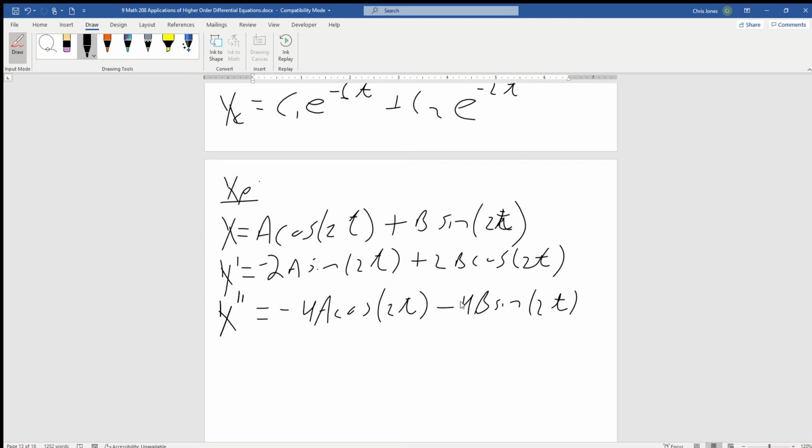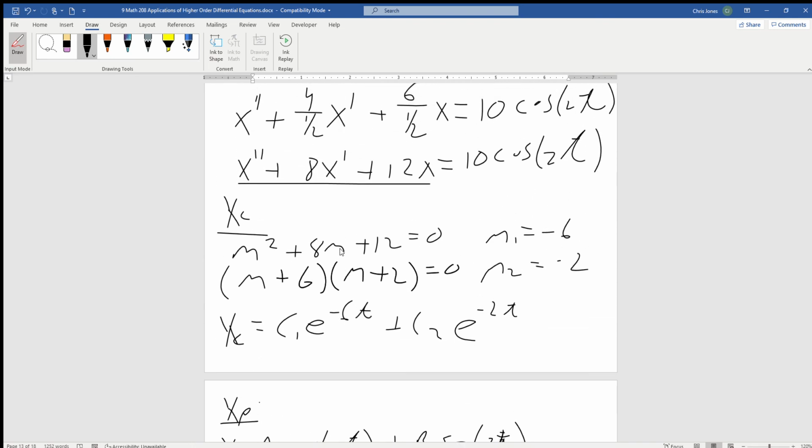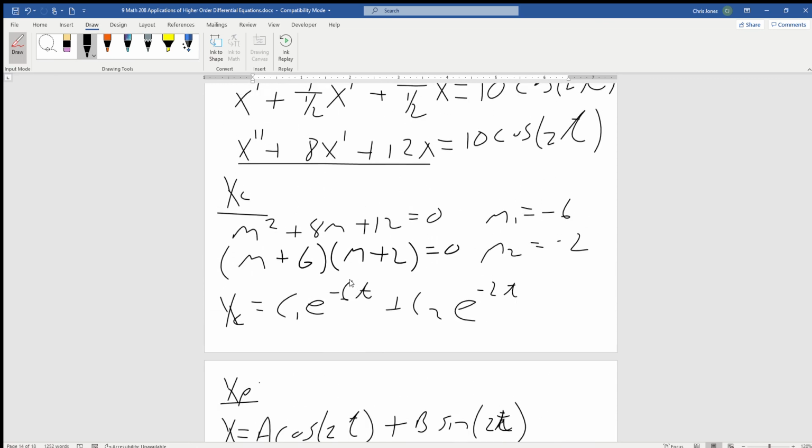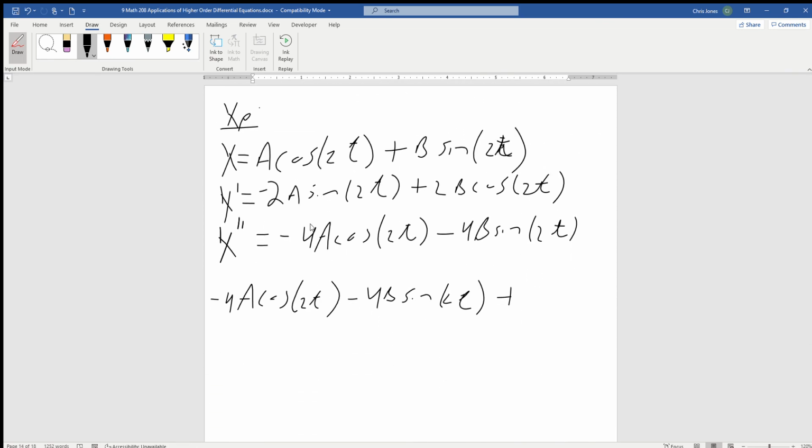All right, so now we're going to substitute. We have x double prime, so we're going to have -4a cos 2t minus 4b sine 2t, plus, now remember, we had 8x prime. So 8 times (-2a sine 2t plus 2b cos 2t).